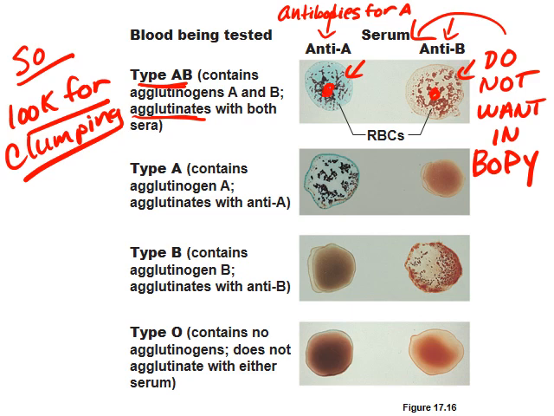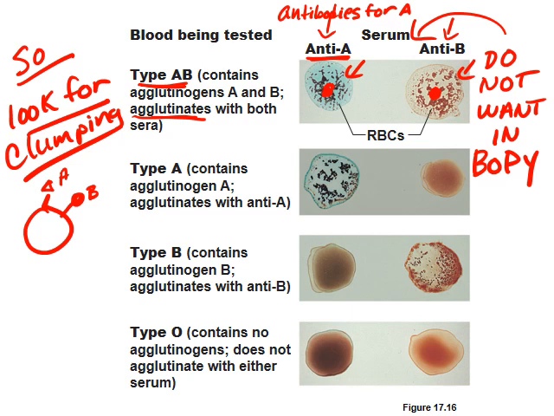So if I put AB blood down, and then I put a drop of anti-A on top, we should see agglutination. Remember the red blood cells for AB, they have A tags, and they have B tags. Those tags are called antigens.